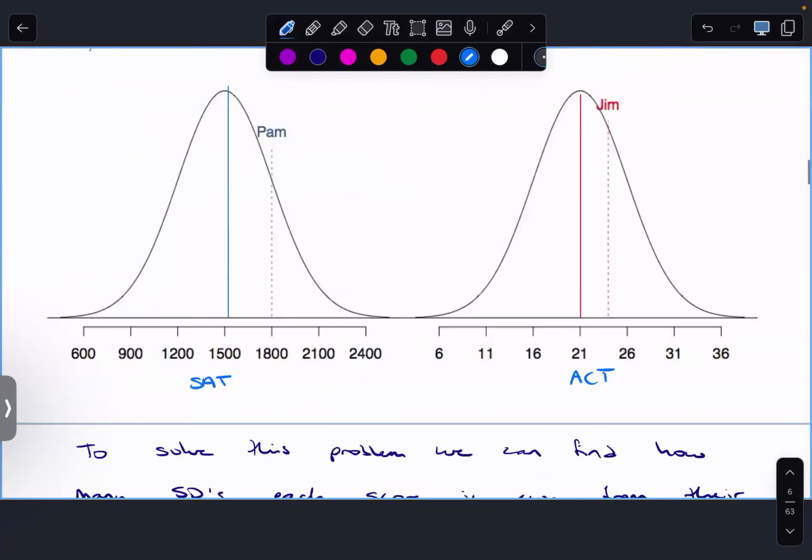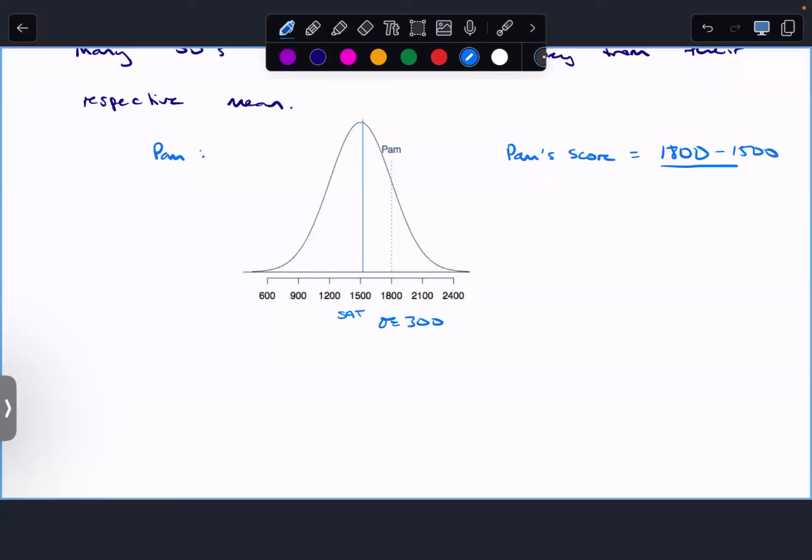So the distance between 1800 and 1500, if I go 1800 minus the mean, the distance from the mean, but then taking into account the standard deviation, I'm going to go for 1. 300 divided by 300 is 1, which means that we can communicate that by saying Pam's score is 1 standard deviation above the mean.